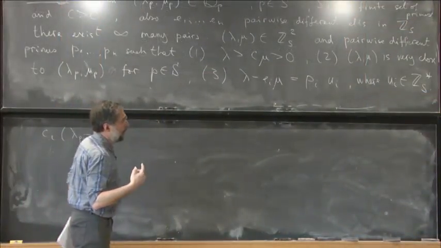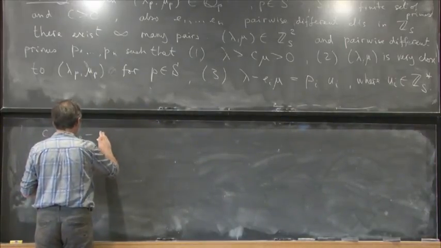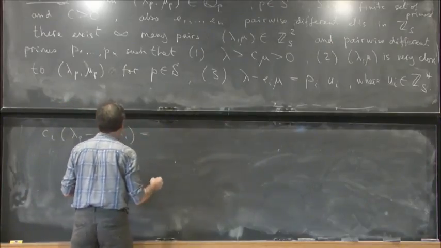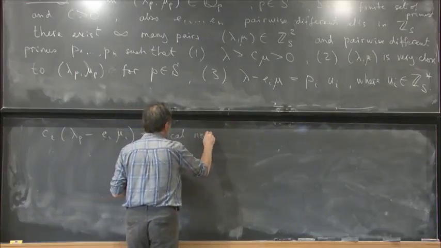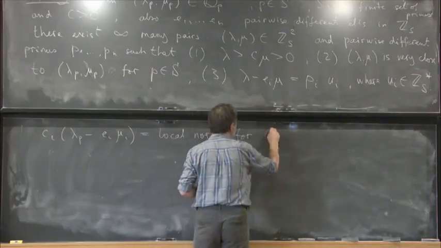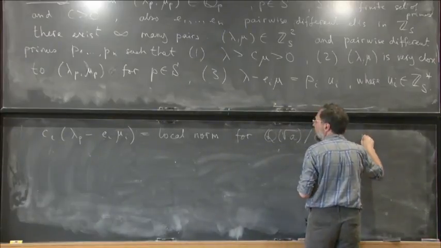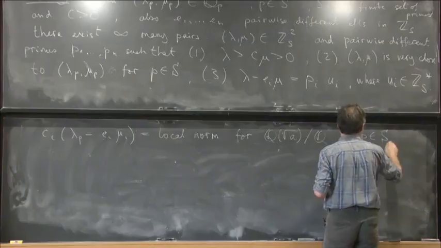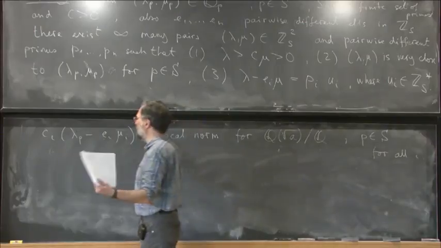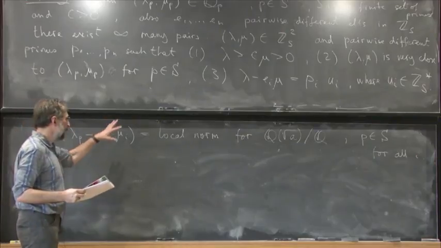So we know that m_p is a point in W, so we know that this is a local norm, well, a local norm for the extension, when p is in S, for all i. Okay, that's because that's just a point on my variety. That's a consequence of the equation of the variety.